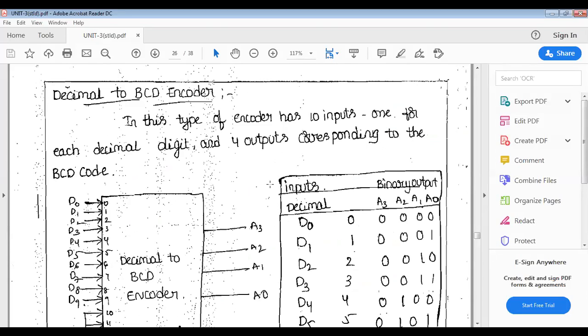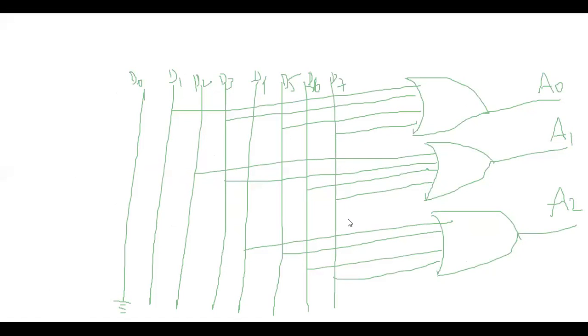Okay, from 10 onwards, BCD is different and the binary is different. For 10, the binary is 1010.